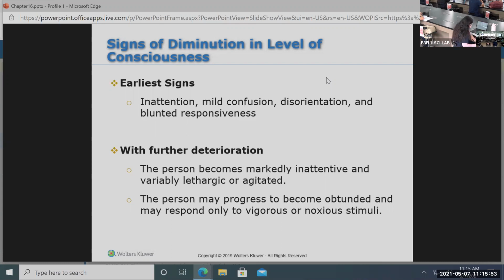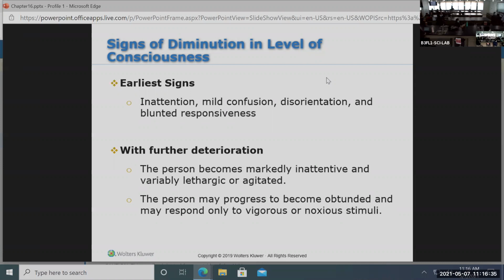With further deterioration, the person becomes markedly inattentive and variably lethargic or agitated. The person may progress to become obtunded and may respond only to vigorous or noxious stimuli. Normally, when we touch the eyebrow region with the finger and press it, a normal person responds.